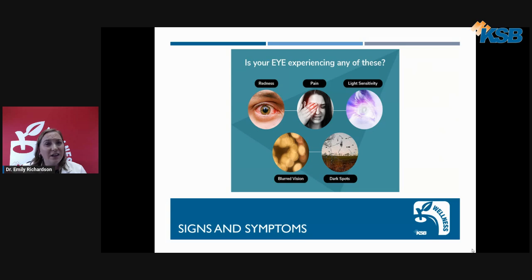And the light sensitivity or achiness when you have light coming into the eye is also because the muscles or the structures inside the eye are swollen, and that makes them sensitive to move. If you think about how our eye works, when light comes into the eye, the iris, the colored part of the eye, constricts, and that muscle, if it's swollen, would hurt to constrict, much like it would hurt to bend your arm if your arm has swollen or has an injury there.